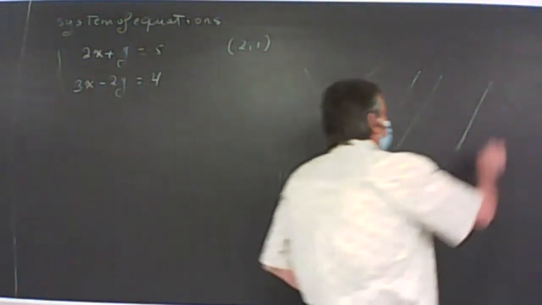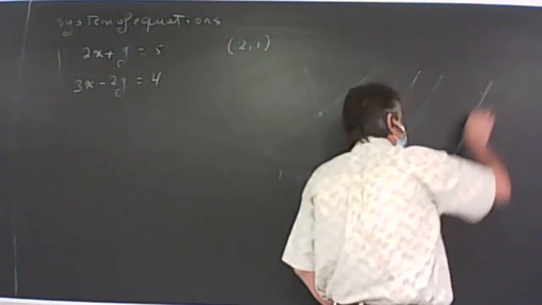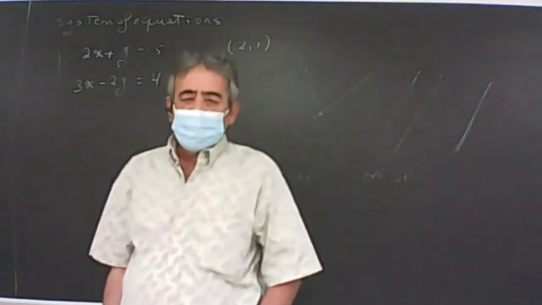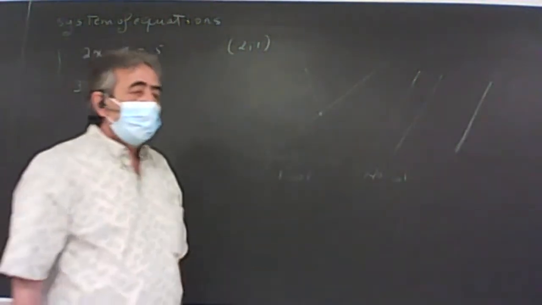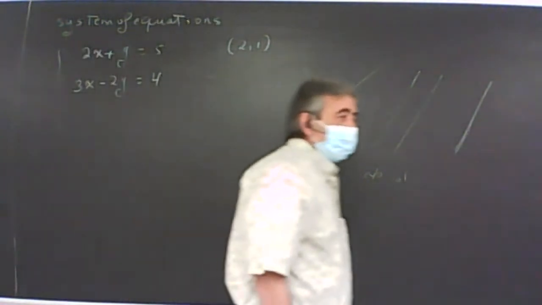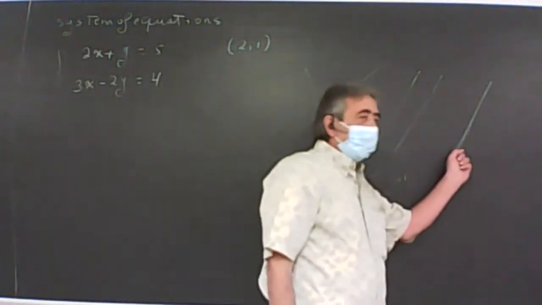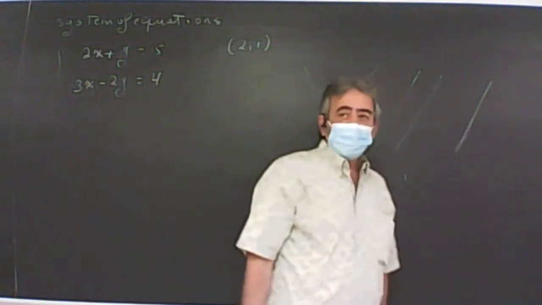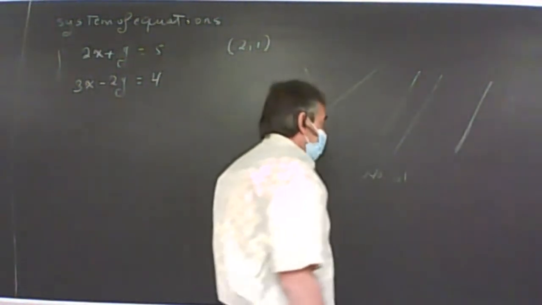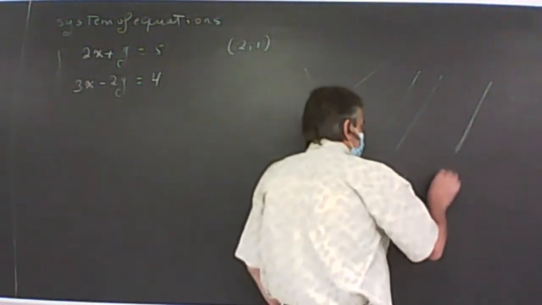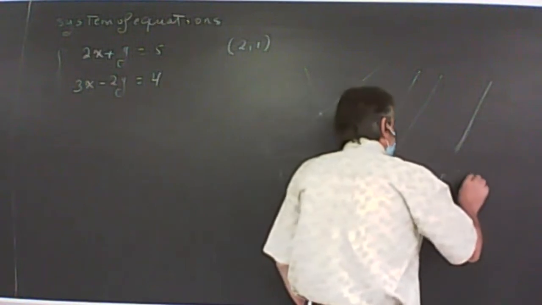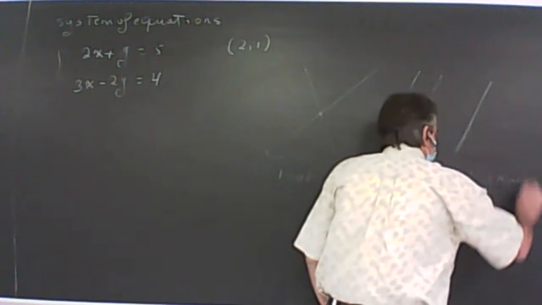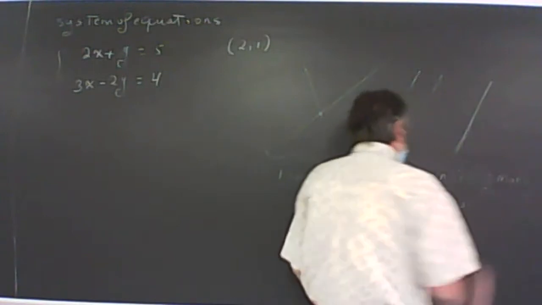Scenario number 3 is where both lines are the same, and then they have infinitely many solutions. Because every point on one line is also a point on the second line. And since each line has infinitely many solutions, both lines together have infinitely many solutions.